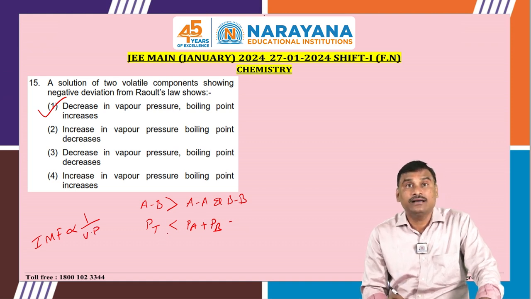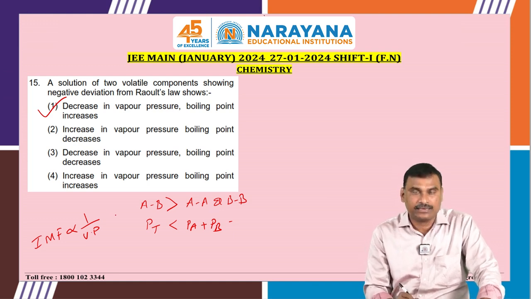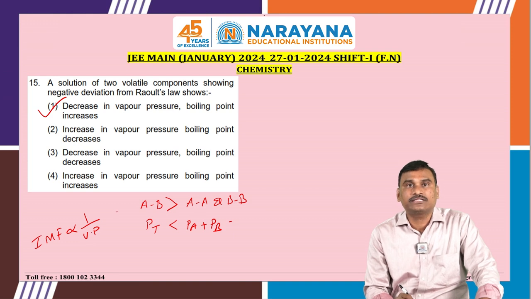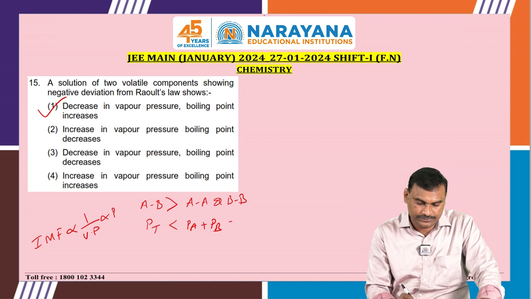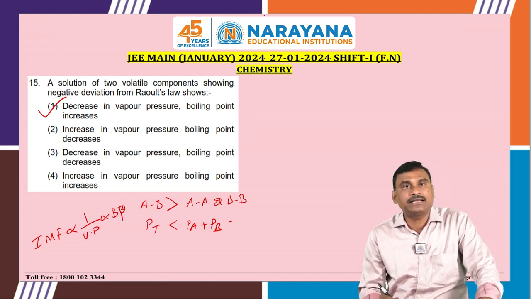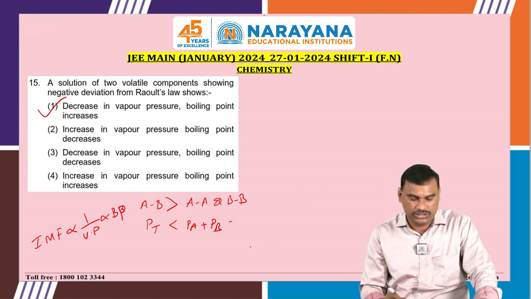As the intermolecular force increases, the energy required to vaporize will be more, and the vapor pressure and the boiling point are inversely proportional. Higher vapor pressure, lower boiling point. Therefore, as the intermolecular force after mixing increases, the vapor pressure decreases and the boiling point increases. For the given options, option 1 is the correct one for the question.